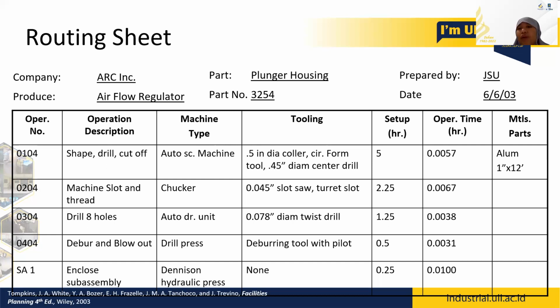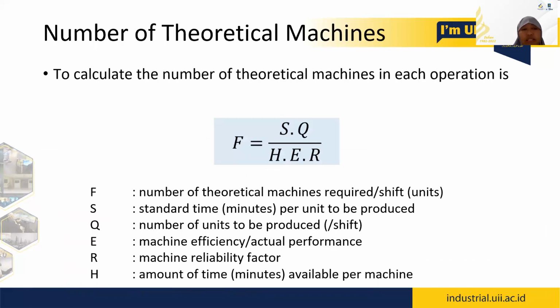Okay, so because we already have this data, now we can try to calculate the number of theoretical machines in each operation. You can calculate the number individually for each machine or all together, although it's probably a bit complicated. So theoretically, we can calculate the machines required by multiplying the standard time per unit to be produced.